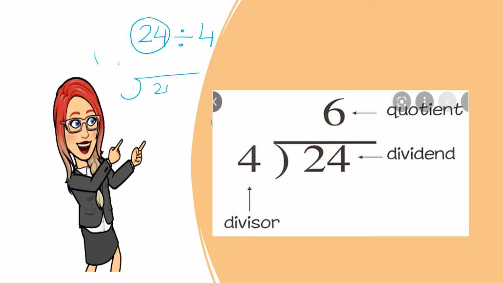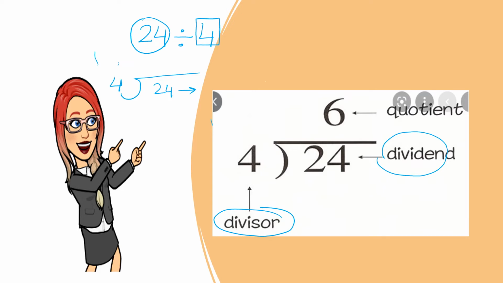And this is said to be the dividend. The name of the number which you have to divide is called the dividend. Now, with which number do you want to divide? You want to divide this dividend by 4. So, what is this? The number which is used for the division is said to be the divisor.